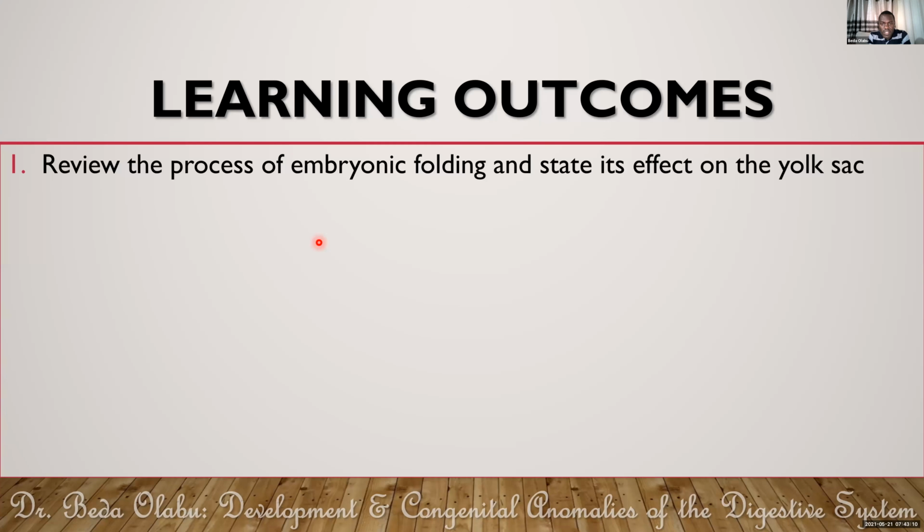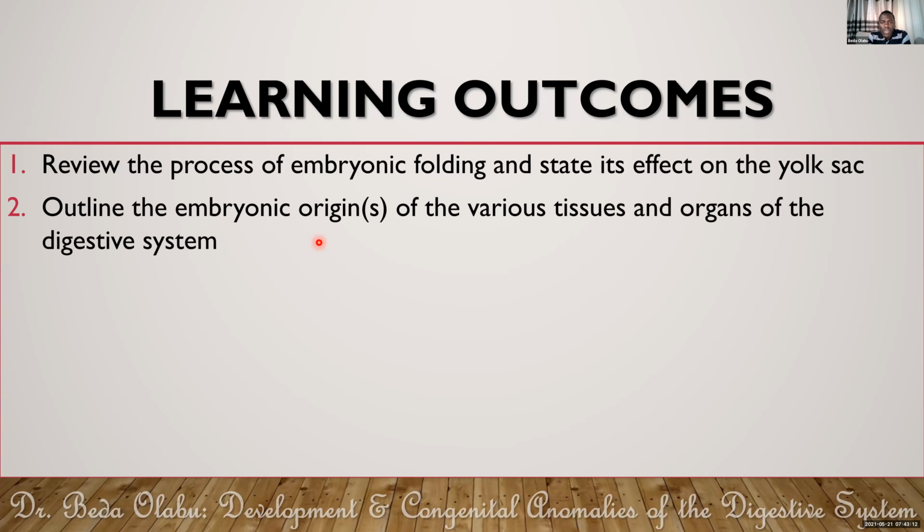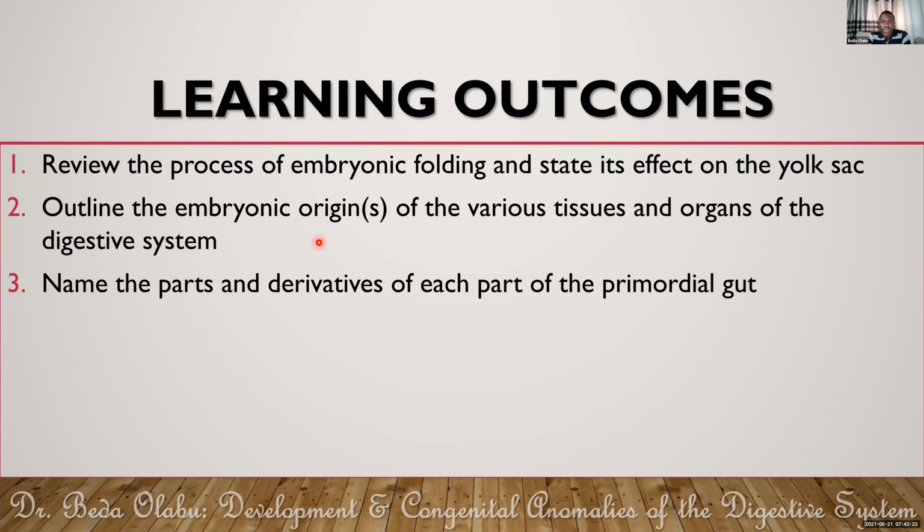After we address that, we will outline the embryonic origins of the different tissues and organs of the digestive system. After we've done that, we will look at the parts and derivatives of each part of the primordial gut. That will be more of laying foundation to the storyline.